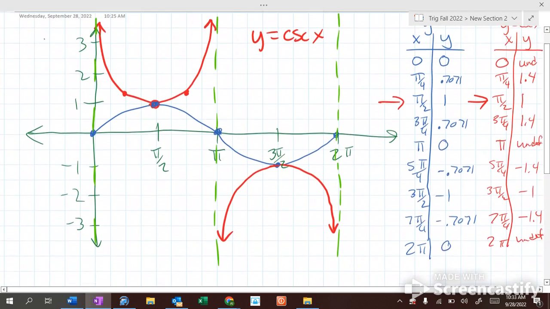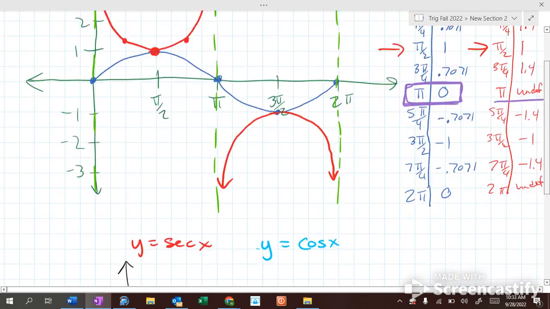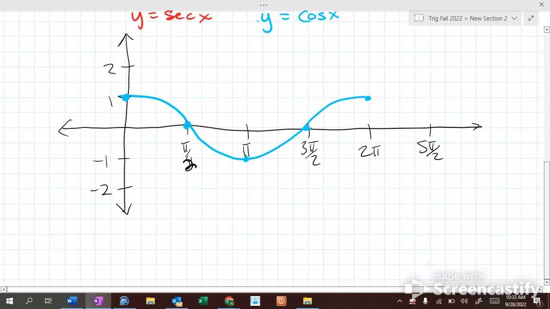Well, on the secant curve, it's where I had 0 originally, right? So it happened at pi that I was undefined. Well, where is 0 on the cosine curve? Pi over 2. So where I have that, that's where I'm going to have my asymptotes.